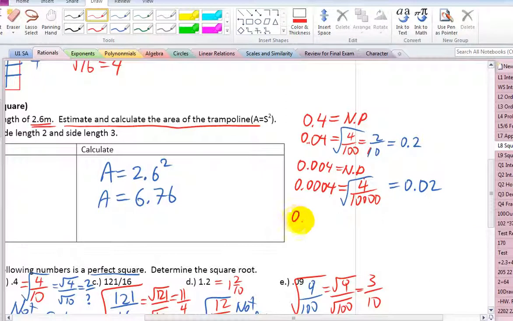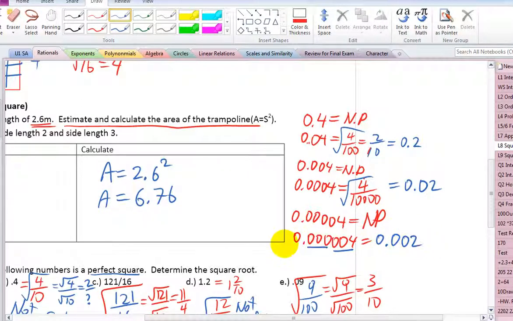Oh, so 1, 2, 3, 4, 5. What about that? Not perfect. What about 1, 2, 3, 4, 5, 6? Now, this has 6. How many decimals will I have when I square root it? 3. Now, that's just a little bit of a pattern.